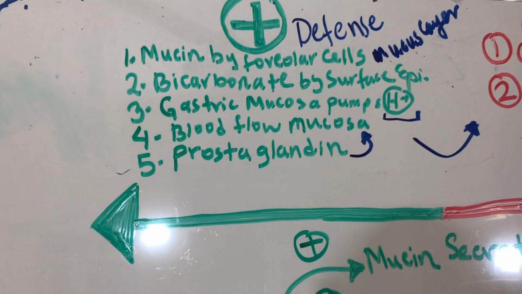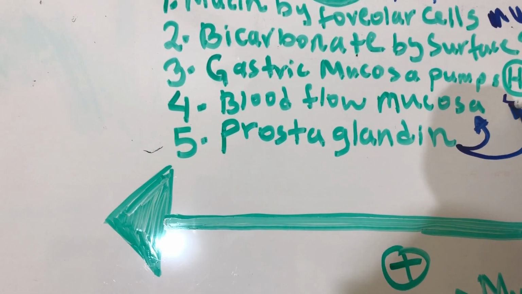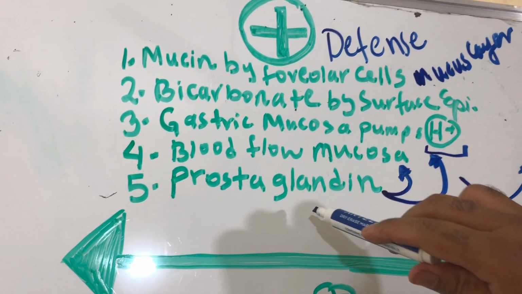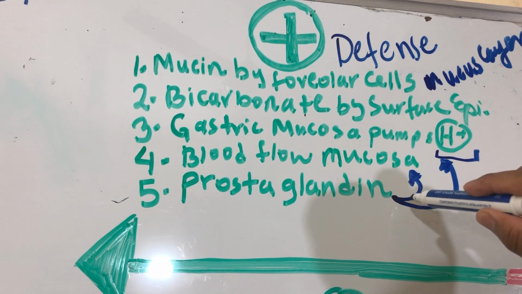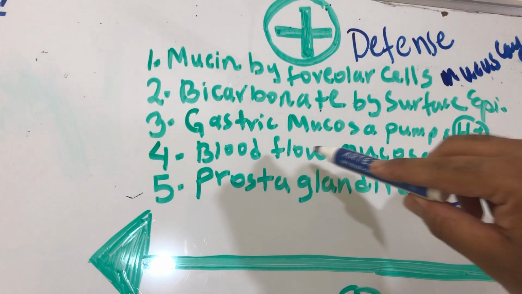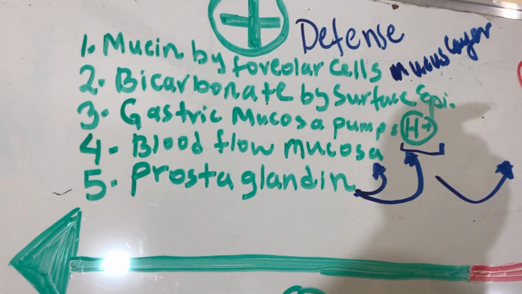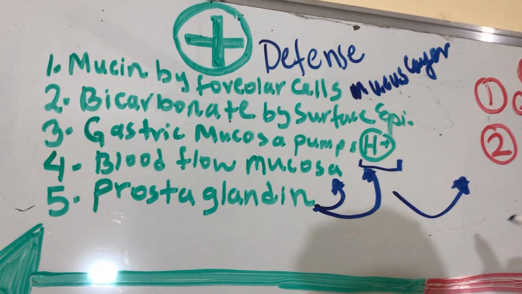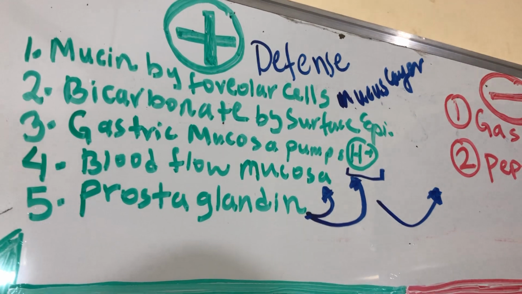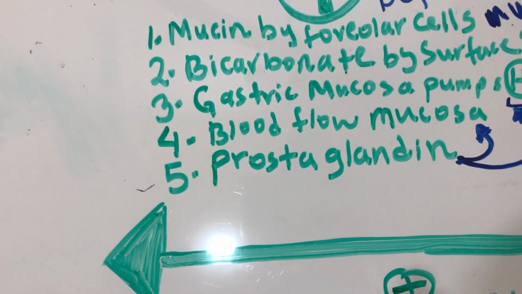And prostaglandin positively promotes all of the former four defense mechanisms. Prostaglandin promotes proper blood flow to the mucosa, and prostaglandin promotes gastric mucosal pumps that throw this hydrogen proton back into the stomach, preventing an increase in the acidity of the epithelium of our stomach mucosa.